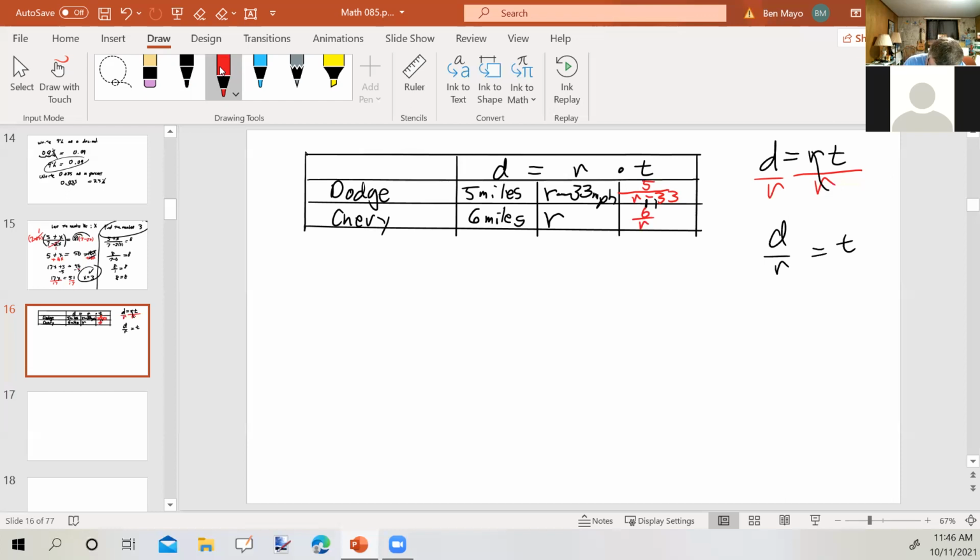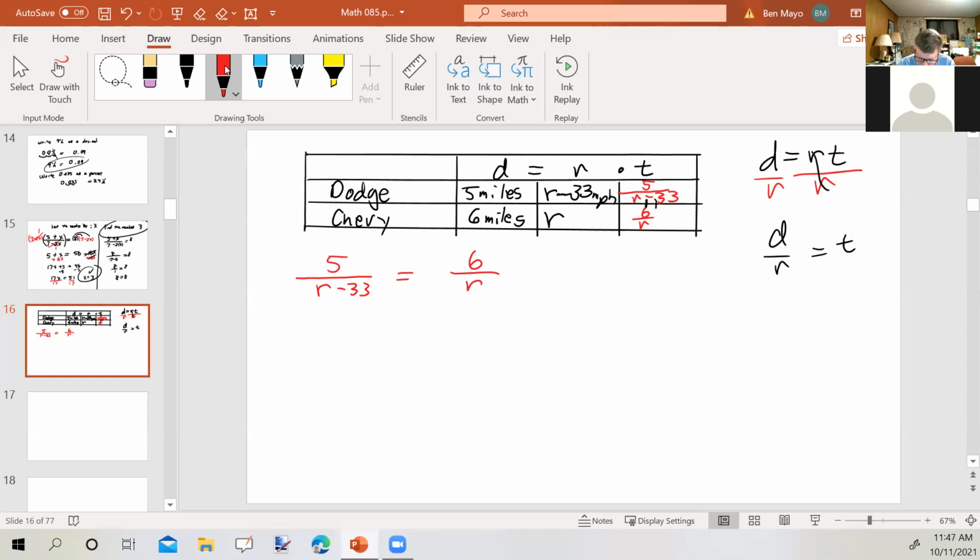So that means that 5 divided by R minus 33 equals 6 divided by R. There is our equation. Any questions how I got that before we go on?